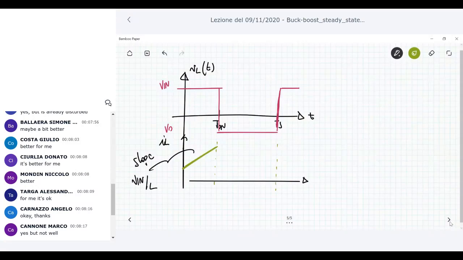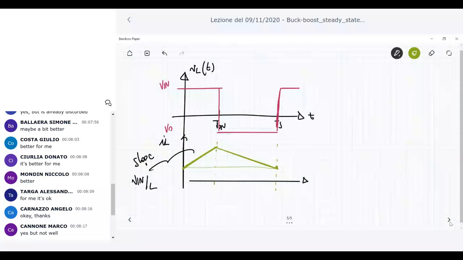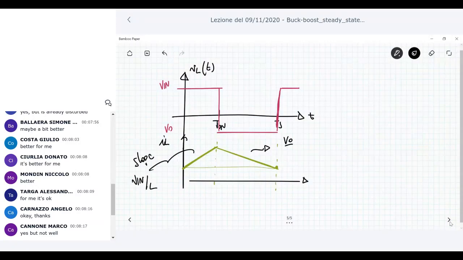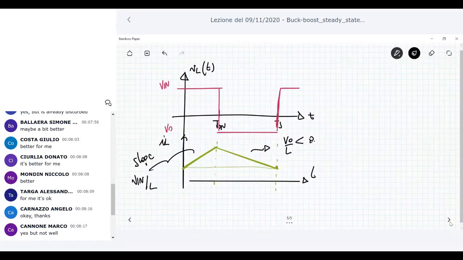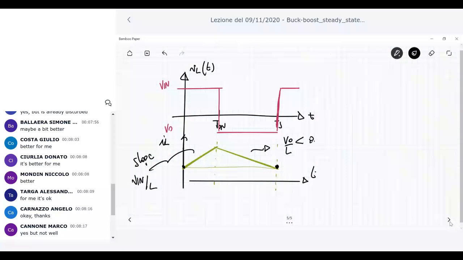During T off, we have a negative slope because now the voltage across the inductor is negative, so the slope is V naught over L, which is negative. Remember that we are talking about CCM, so the current through the inductor is always positive. And we also discuss a situation in which we are in steady state, so the input current is the same as the current you have at the end of Ts.